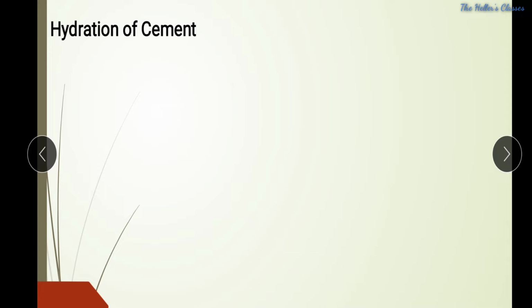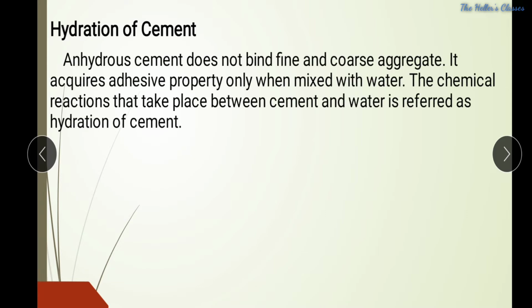Before adding a little water to the cement, if we mix cement and aggregates together, it won't get bound and remains like an abstract formation. Only when a little water is added will it be absorbed and transform into a solid formation.